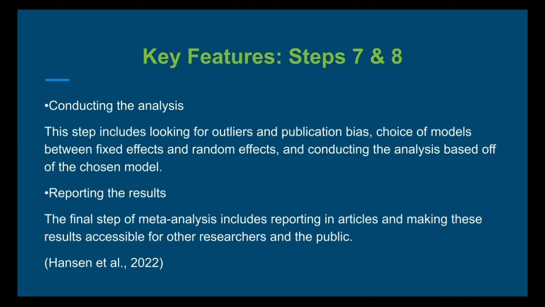The last step is to report these results. This can be done through journal articles. These reports could discuss what these results show or what they mean, the significance of them, and this could be made available to other researchers or the public, and could help to expand upon the already existing research.